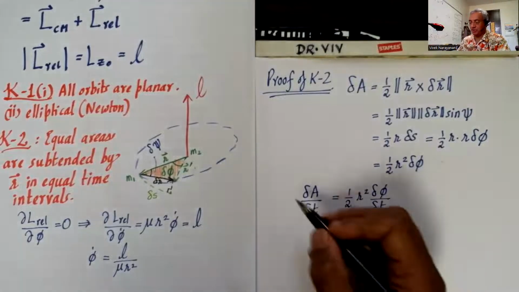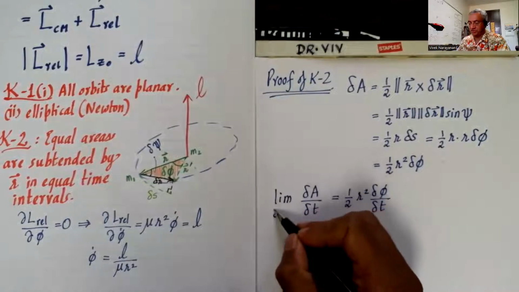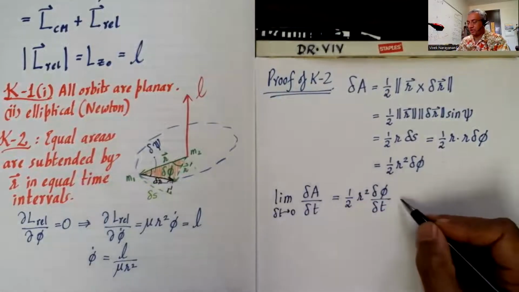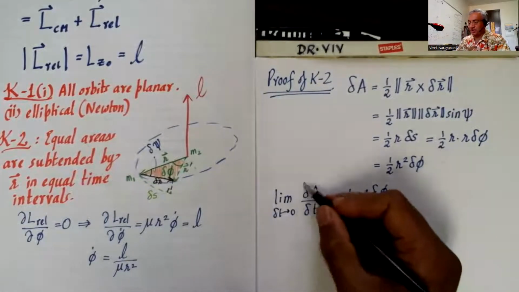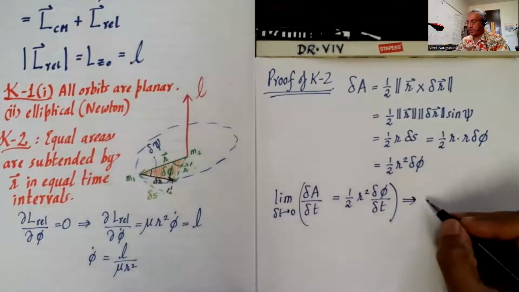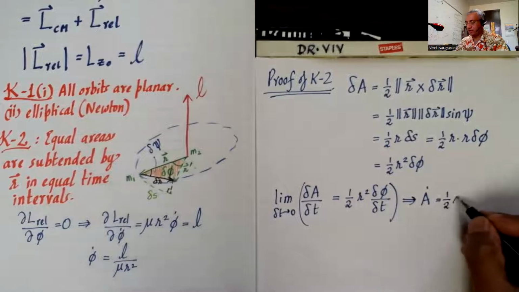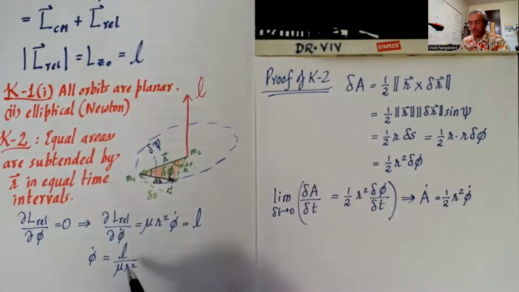And now I'll take the limit as delta t goes to 0. When you do that, the limits apply to the whole thing. So I'm going to get dA by dt, which is A dot, is 1/2 r squared d phi by dt, which is phi dot.